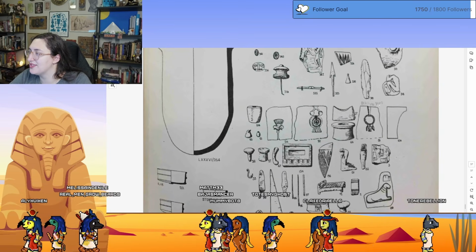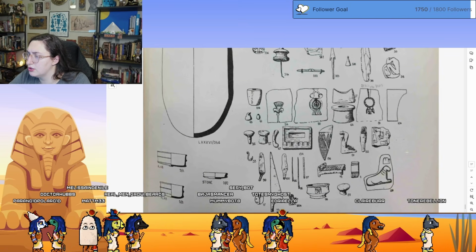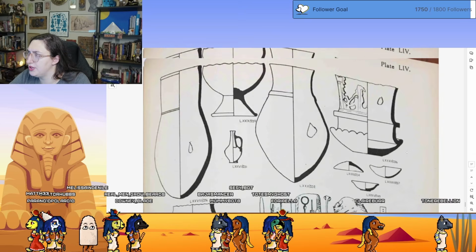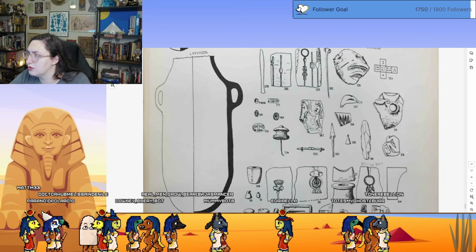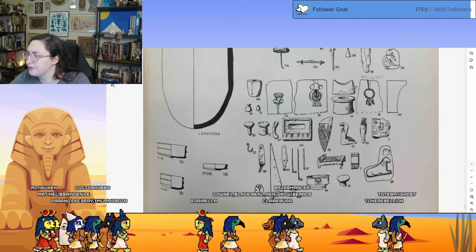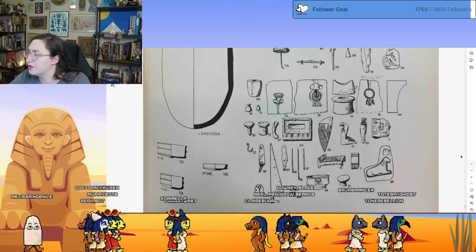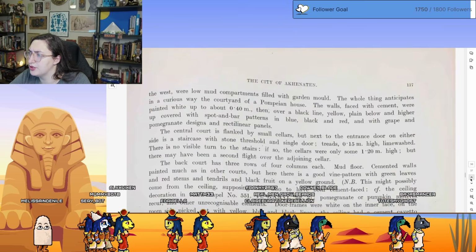Oh, I remember this. Somebody had written Brooklyn Museum, because this is actually at the Brooklyn Museum. What page is this? Oh, there's the bowl. That's why I took a picture of this. I'm now really wondering what that number is.